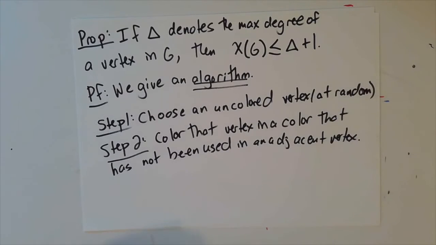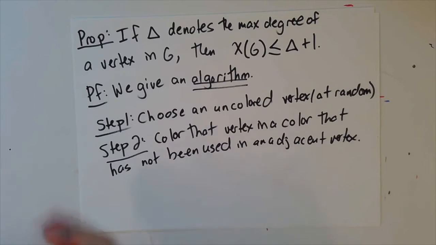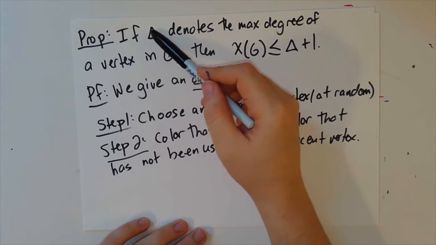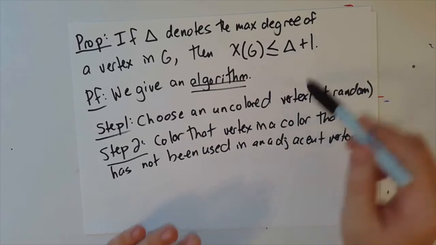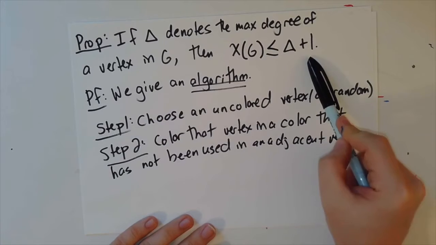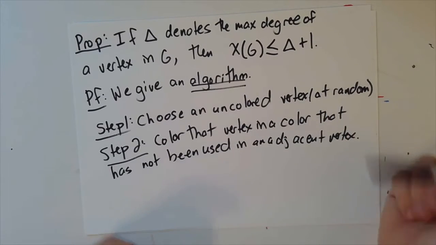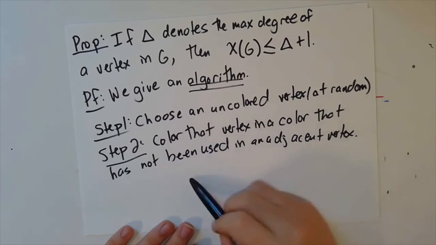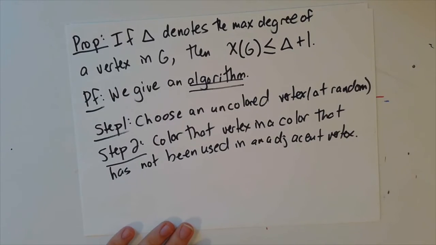And so this is really a pigeonhole principle application. I have a box for each color of an adjacent vertex, and if I throw all of those delta vertices into the box corresponding to their color, I can't possibly fill every box because I only have delta vertices and I have delta plus 1 boxes. So by the pigeonhole principle, I can always choose a color that's not the same as the color of an adjacent vertex.